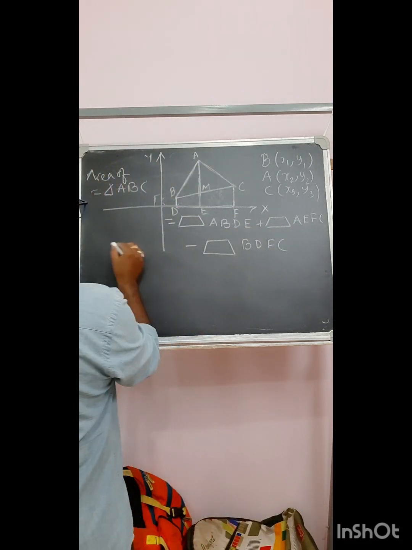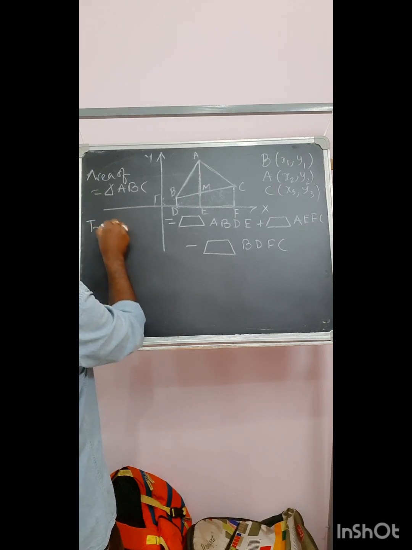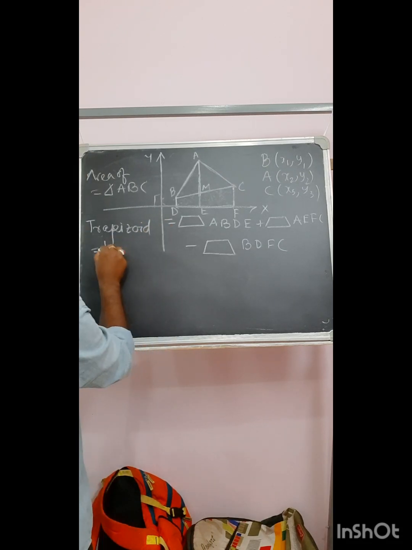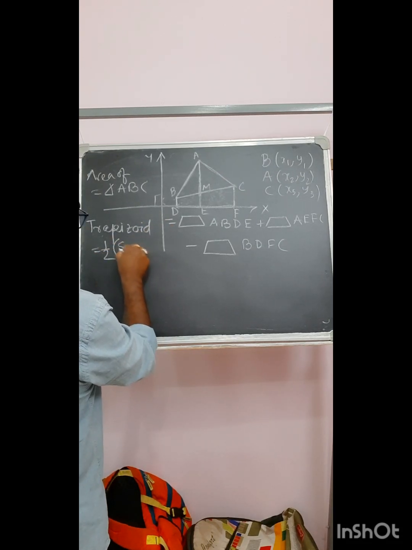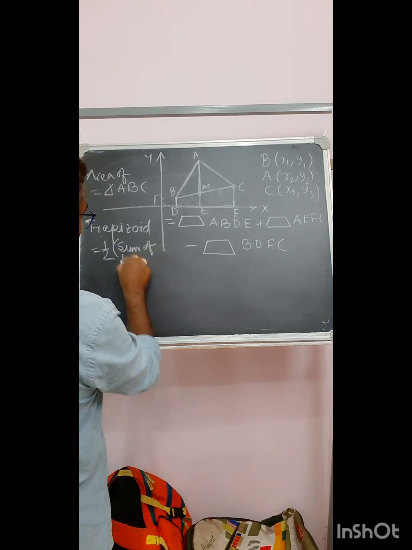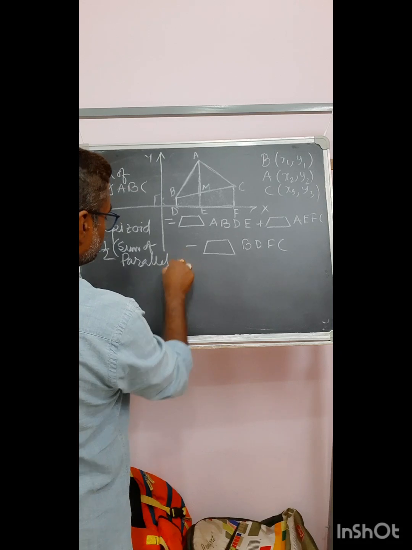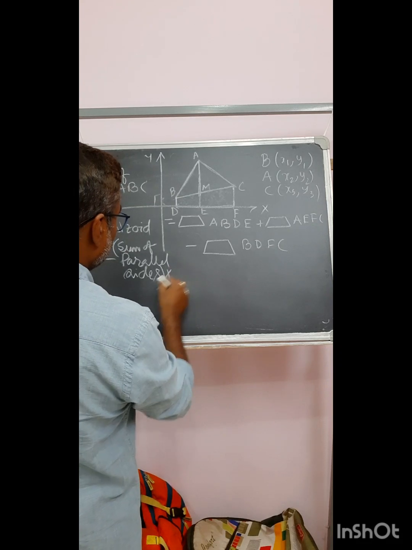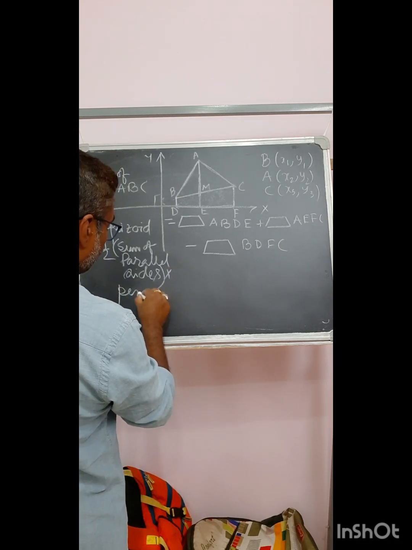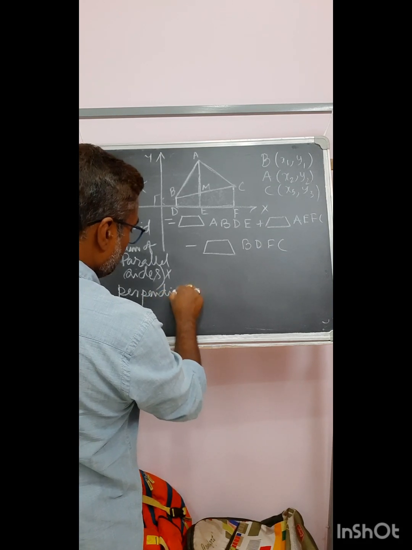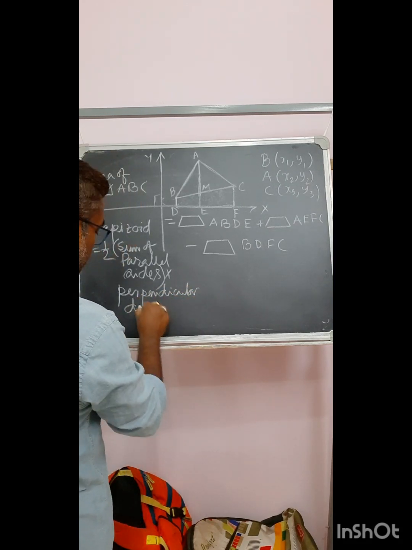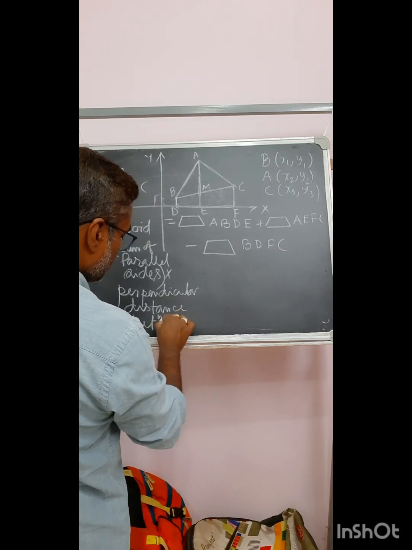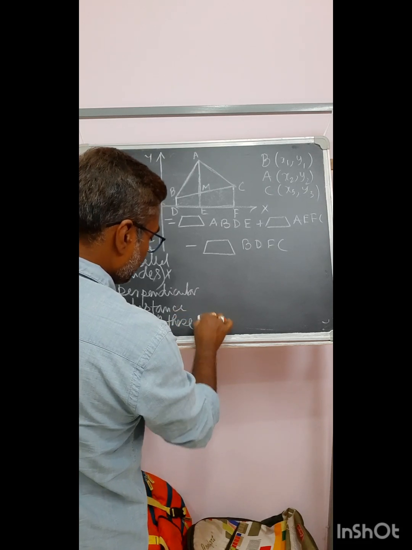Okay, so this is the right way of finding ABC. Now I know any trapezoid area is equal to half into the sum of parallel sides into the perpendicular distance between those parallel lines.